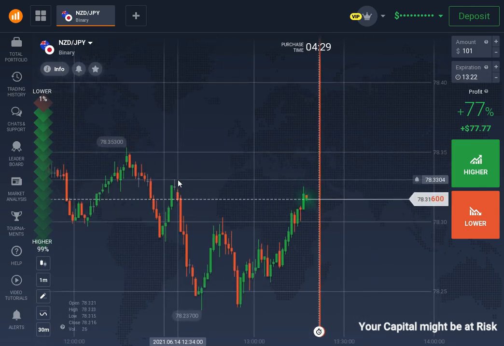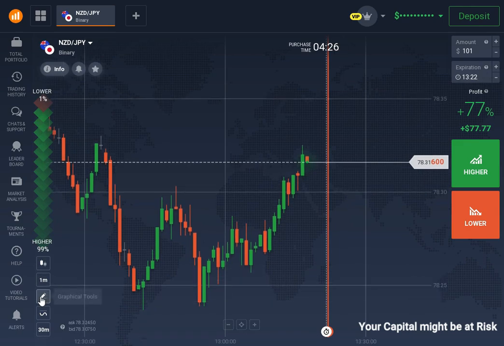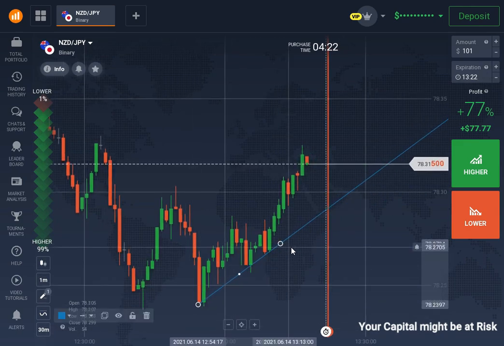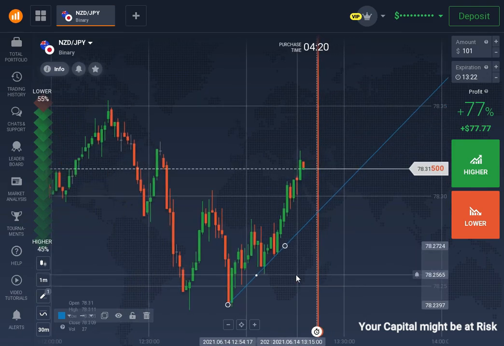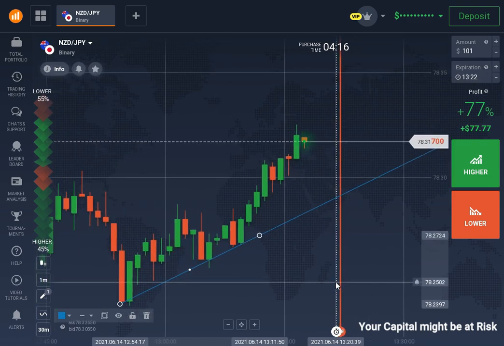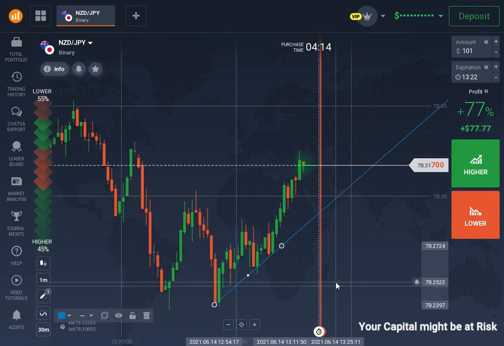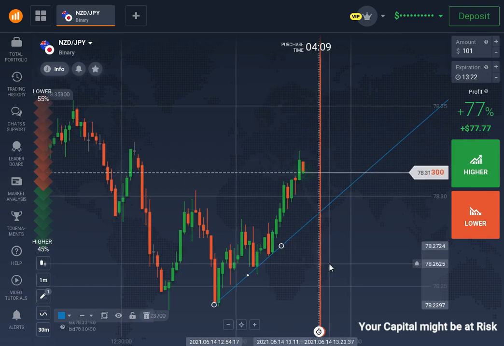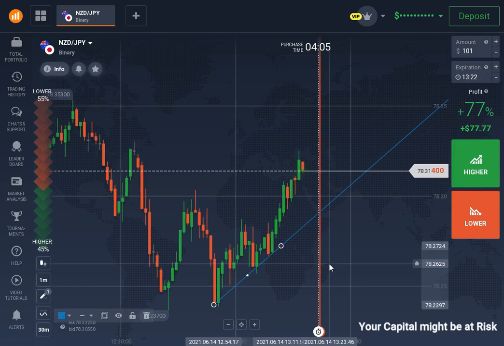This is also a resistance level. We will use this trend line. Some retracement is required now, and we will use the same opportunity to place our trade.